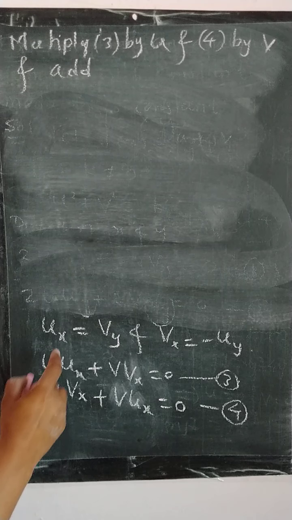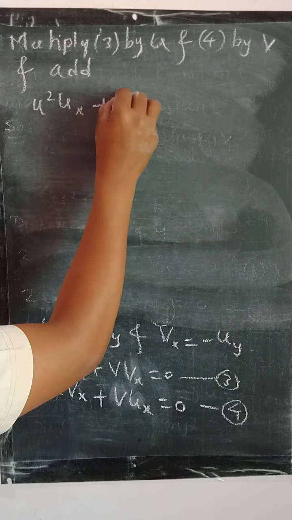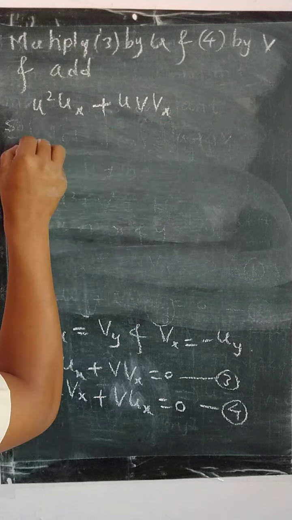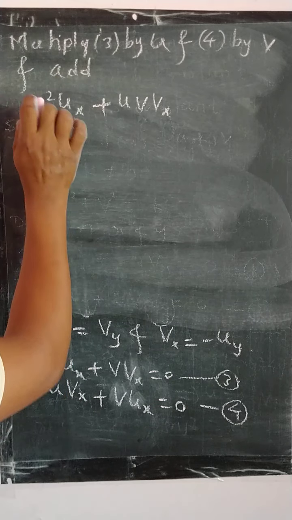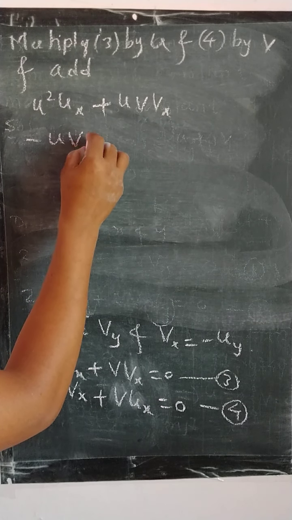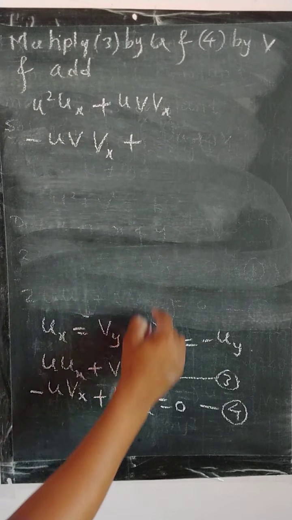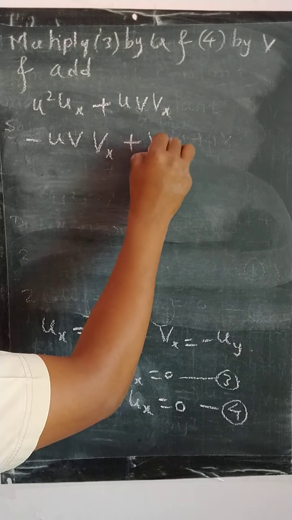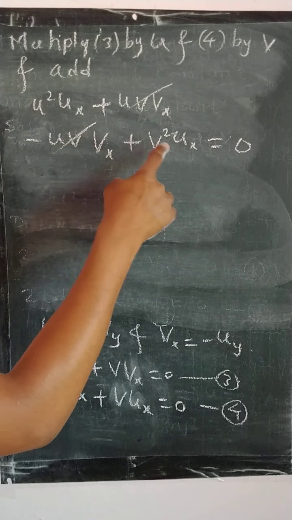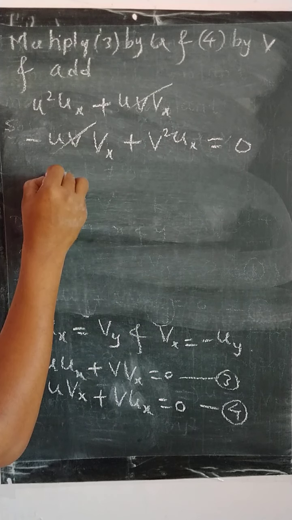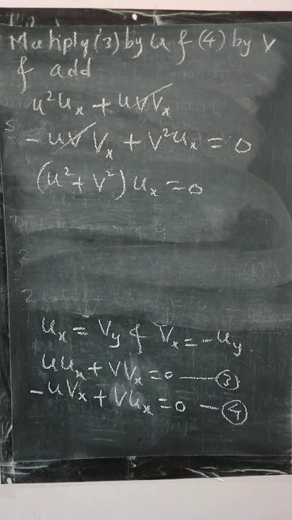This by u, so u square ux plus uv vx, plus we are adding, so here we are multiplying equation 4 by v, so minus uv vx and plus v square ux equal to 0. So this will get cancelled and we get u square ux plus v square ux, so that is u square plus v square times ux is equal to 0.